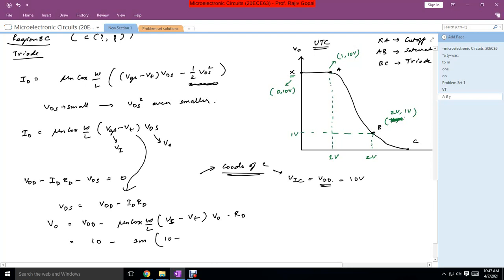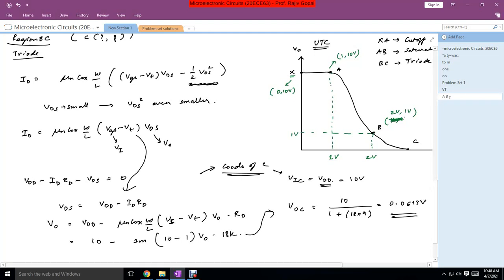So 10 minus 1 into V naught into RD, which is 18 kilo. Okay, if you solve, V naught C is actually 10 divided by 1 plus 18 into 9. Okay, so this will turn out to be 0.0613 volts.